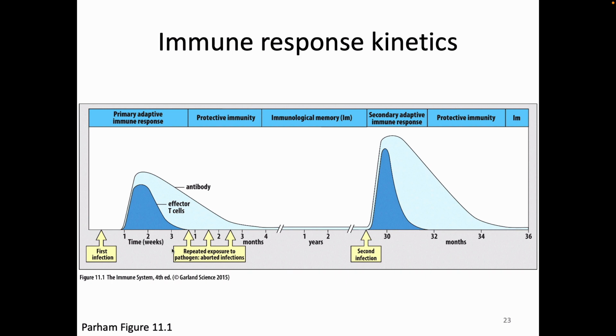You finally waited long enough for real nice pretty memory cells that can really give you a good secondary response. And so, again, there's data for and against boosting, and I have feelings on both sides of it. But this, to me, is the most compelling reason, because we actually want to wait for that immune response quality to change and for us to have the good memory cells that can do memory cell things.